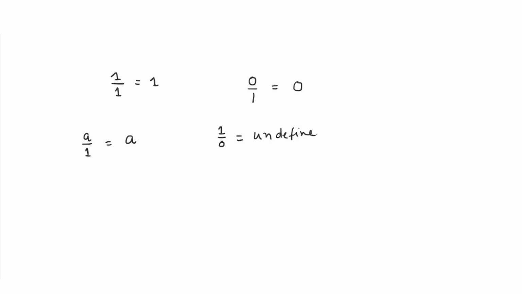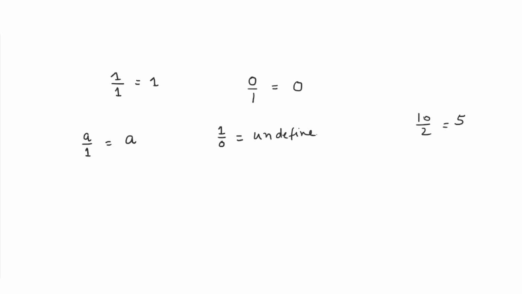Like if we divide 10 by 2, we can say we are dividing 10 apples among 2 persons, so they will get 5 each. But in this case we are dividing one thing among 0 persons, so there is no significance to this.